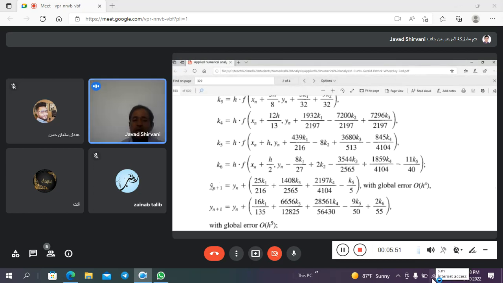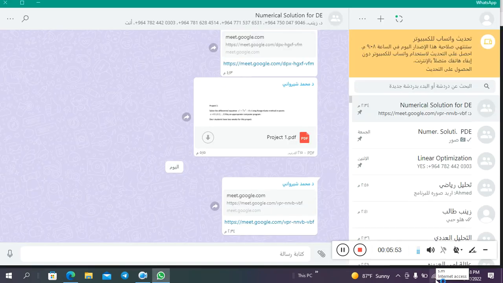For y hat n plus 1, we have a global error of O(h^4) for the number of steps taken, and the next one, yn plus 1, we have used with a global error of O(h^5).